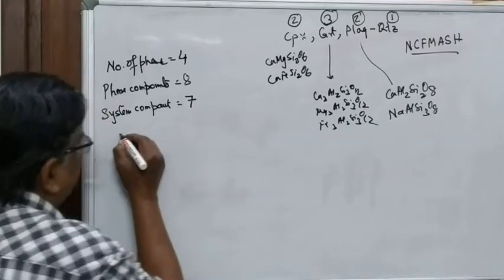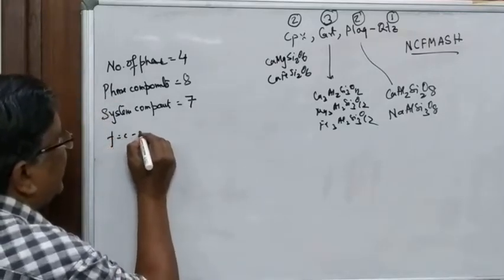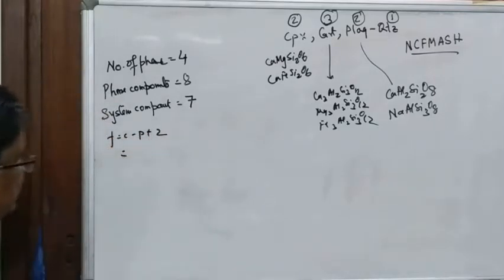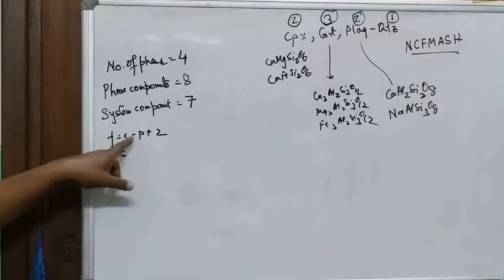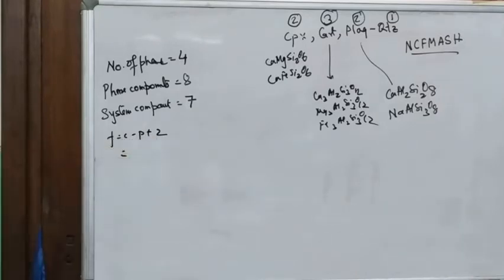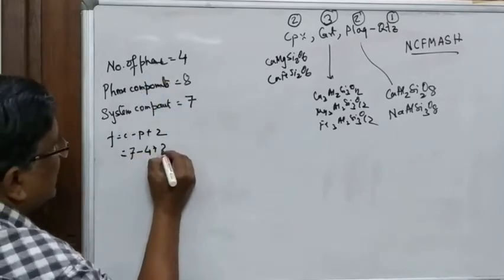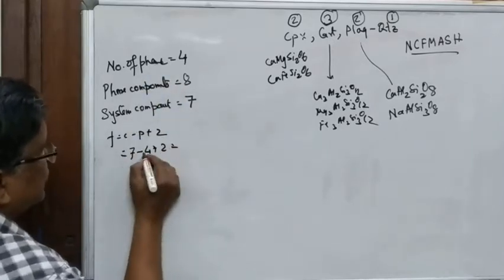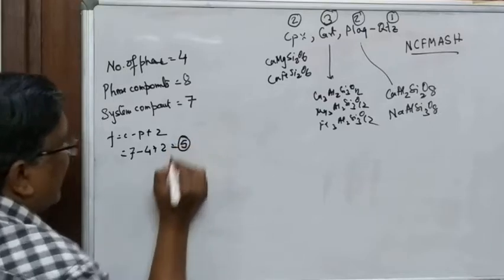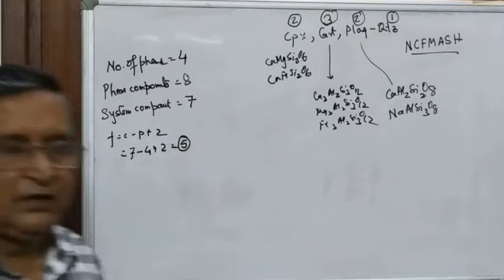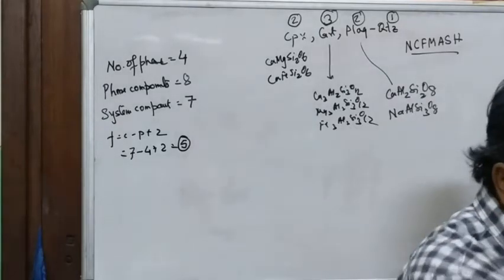So if I look at the degrees of freedom, F is equal to C minus P plus 2. Then system components is 7, phases is 4, plus 2, that is 7 plus 2, 9, minus 4, and this is 5 degrees of freedom.